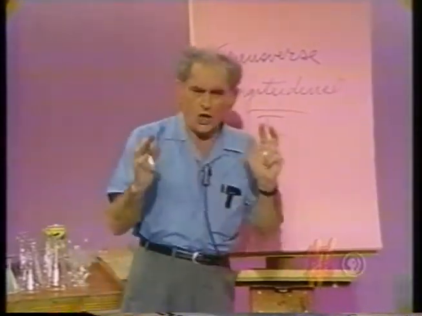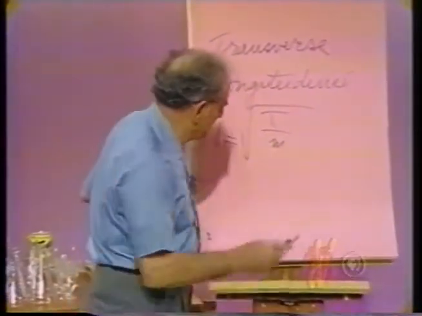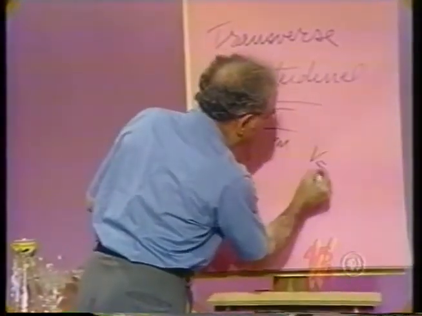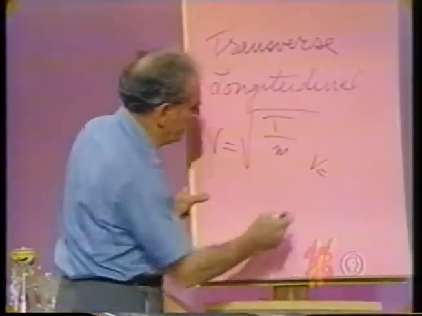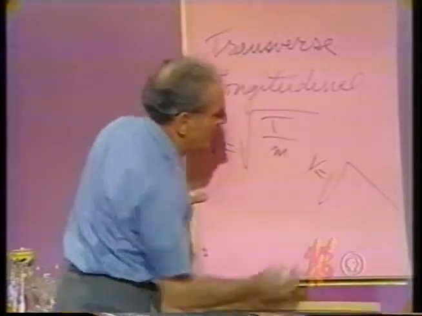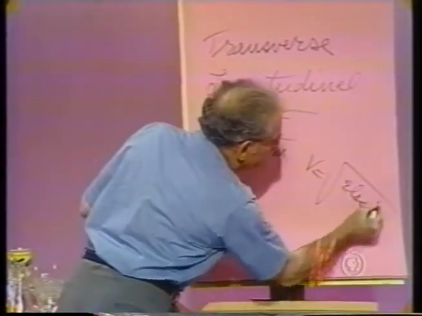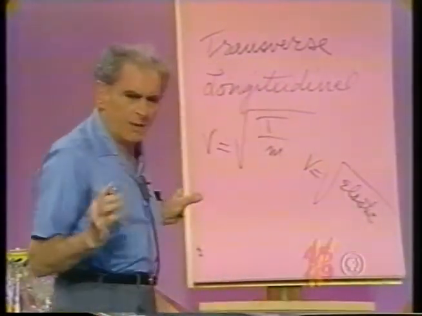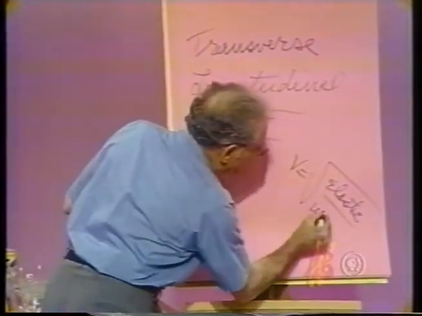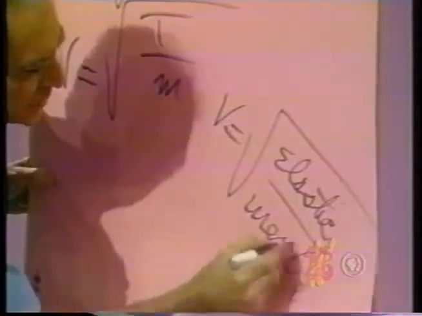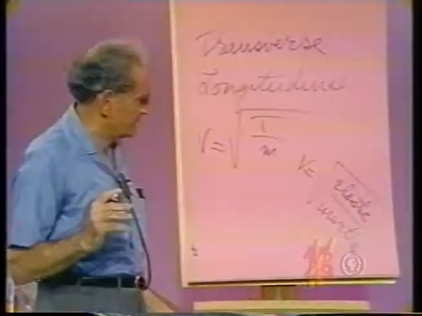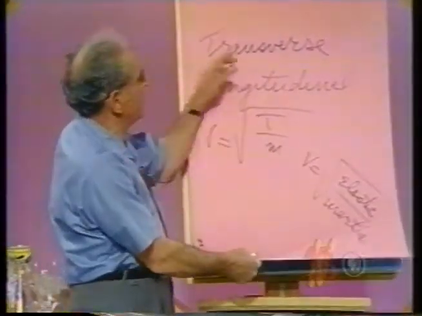Indeed, all waves answer this certain property. Their velocity is governed by an elastic property divided by an inertia property. And this will become clearer with further demonstrations. So this was a transverse wave.